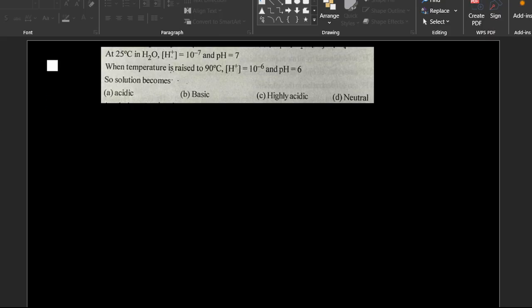Another question they ask related to this: when the temperature is at 25 degrees centigrade, the H plus concentration of H2O is 10 raised to minus 7 and pH equals 7. When the temperature is raised to 90 degrees centigrade, the H plus concentration becomes 10 raised to minus 6 and pH equals 6. So the solution becomes what? Neutral.